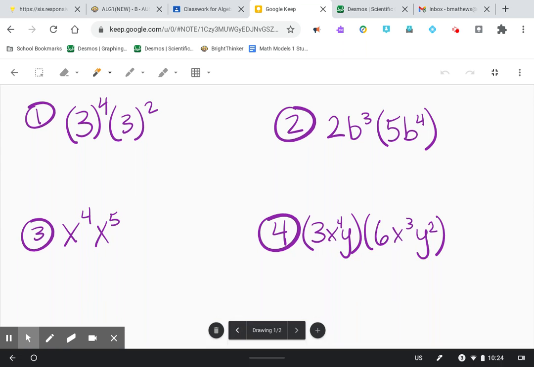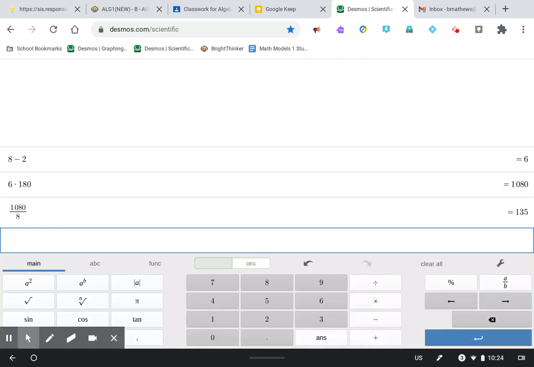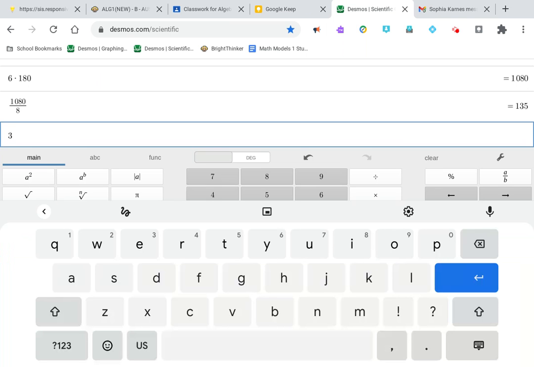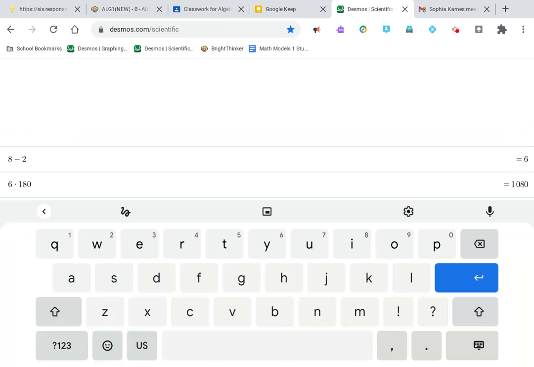All right, so jumping right in, in our first problem, we have 3 raised to the 4th and 3 raised to the 2nd. So we know that based on our rule, if the bases are the same, we can do 3 to the 4 plus 2, or in other words, 3 to the 6th. And then we can find what 3 to the 6th is. 3 raised to the 6th power. I want you to see what I use there.